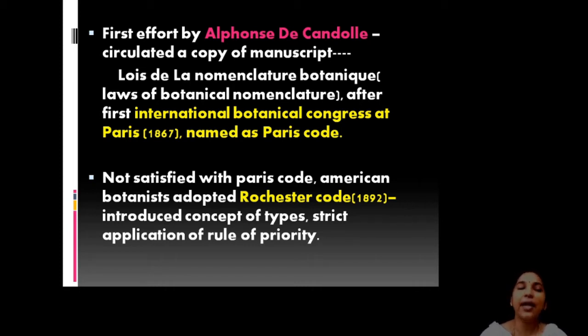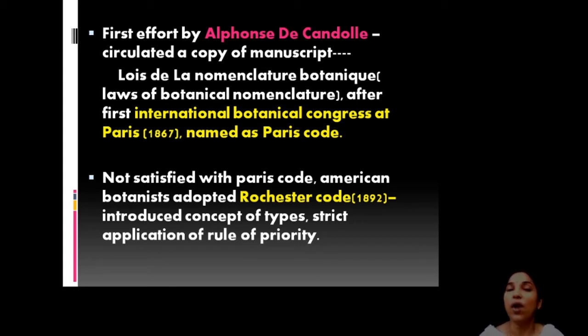Later, the Paris Code was not at all satisfactory, so the Rochester Code came in 1892 at Rochester, and after that many codes followed. Each code is known by the place where the meeting is held. Likewise, there are the Vienna Code, Rochester Code, Paris Code, then the Shenzhen Code.